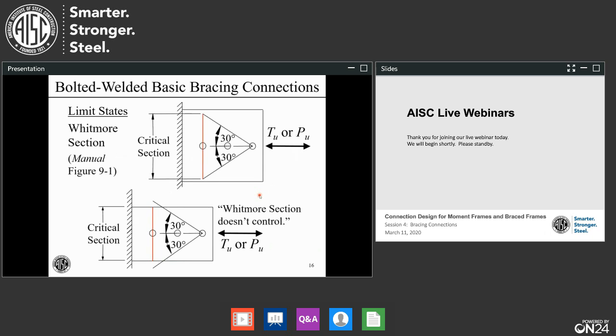Now, the Whitmore section, I mentioned that, so let's talk in some detail about what that's all about. We go to the manual figure 9-1 for help on this, and here's the idea. Let's consider this connection plate at the top here. In this plate, we have 3 bolts at some spacing, and we have some applied tension or compressive load.